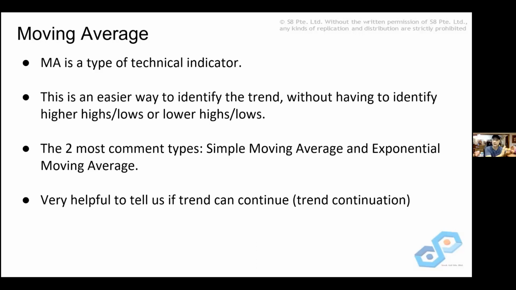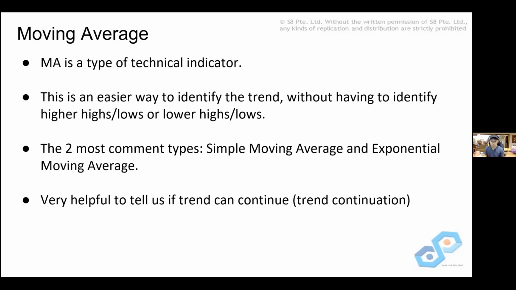That means a 5 days ago price would have the same importance in your calculation of SMA. When it comes to exponential, the 1st would have a lower weightage, the 2nd a lower weightage, the 3rd a lower weightage, the 4th a lower weightage. The 5th day, which is the most current price, would have a higher weightage. It affects the entire EMA more.